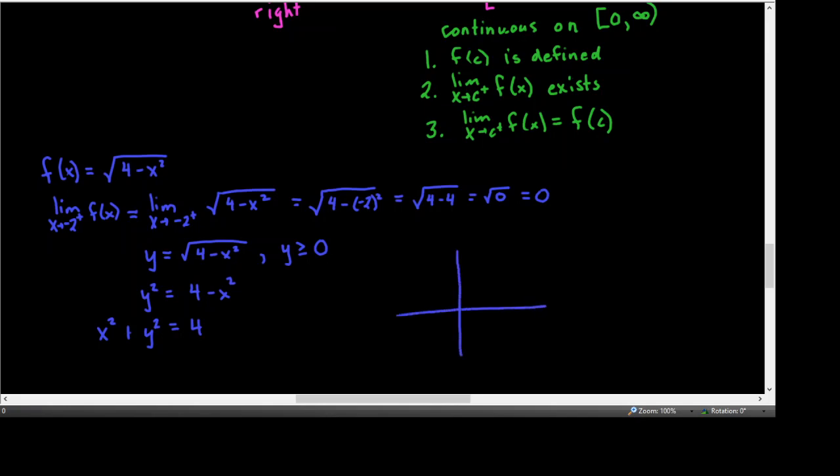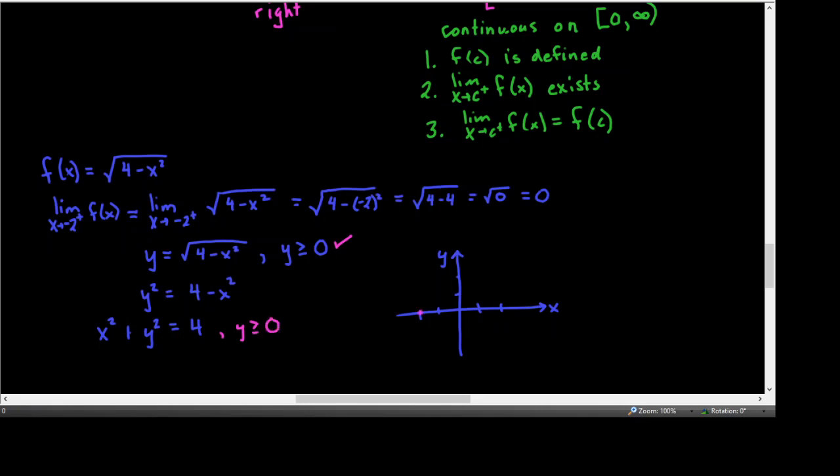That's the equation of a circle centered at 0, 0 with a radius of square root of 4, which is 2. But we do have to keep in mind we're not graphing the entire circle because we already acknowledged that we can only graph, for the original problem, y values that are greater than or equal to 0.